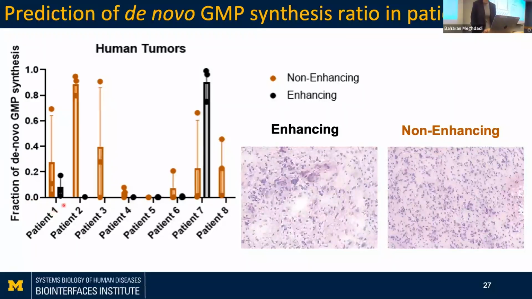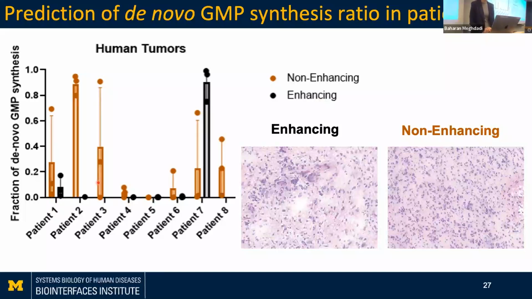So here you can see that we have these two non-enhancing and enhancing tumor samples in patients, and we can see our model suggests a higher prediction of de novo GMP synthesis in non-enhancing tumors.